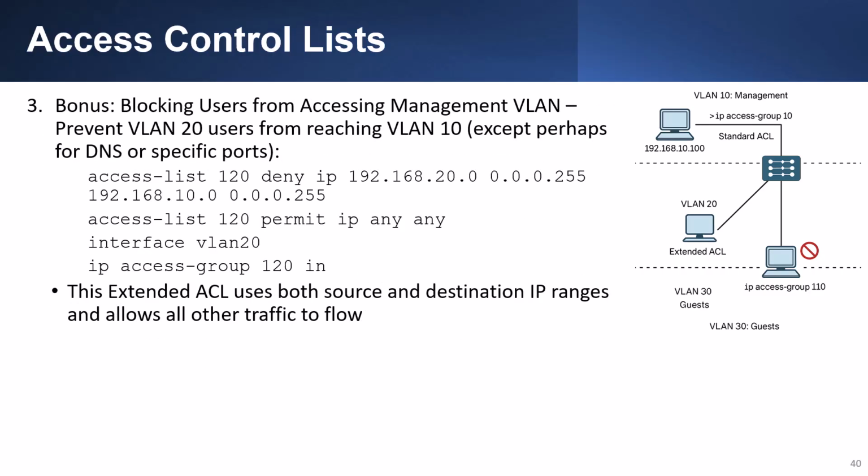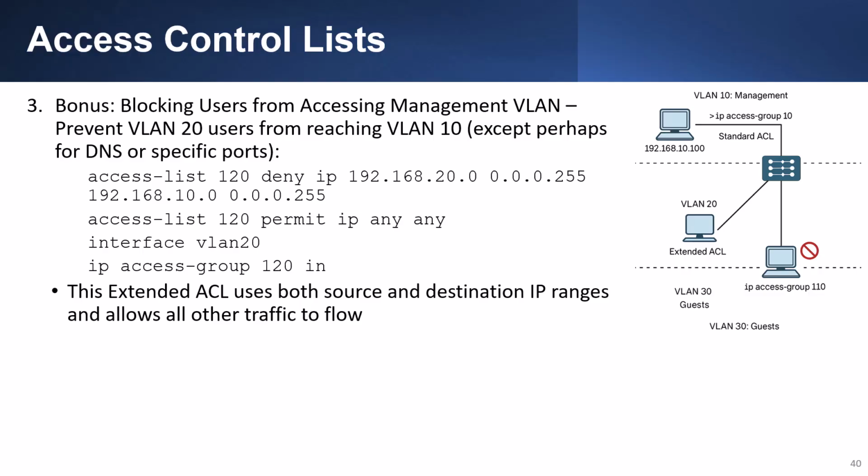Now, a bonus access control rule would be blocking users from accessing the management VLAN, which prevents VLAN 20 users from reaching VLAN 10, except perhaps for DNS or specific ports. Access list 120, deny IP 192.168.20.0 0.0.0.255 192.168.10.0 0.0.0.255.